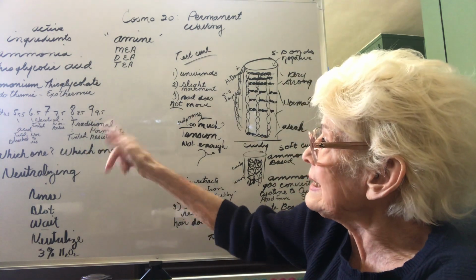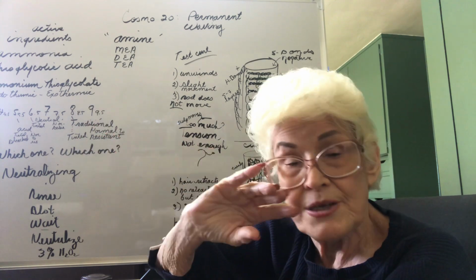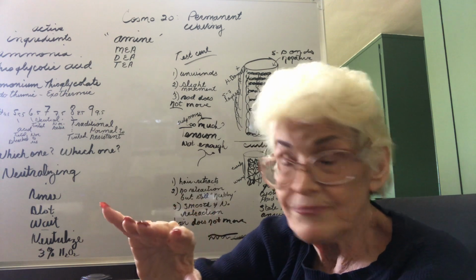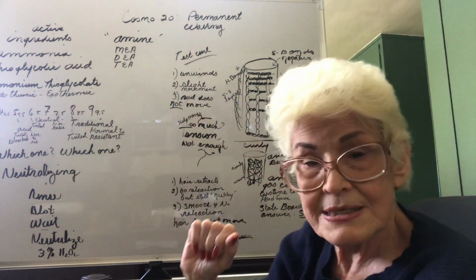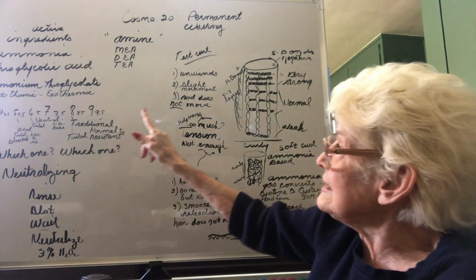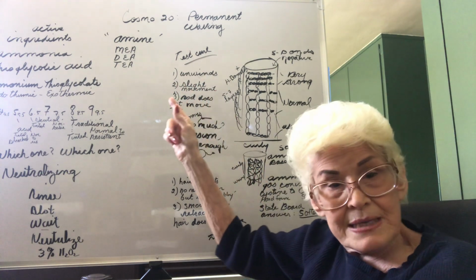You have endothermic and exothermic reactions. It's in your textbook. It's also in the handout. Everything I'm talking about basically is in your handout. But then the book talks about ammonia-free perms, of which there are none. DEA, MEA, and TEA are amines.